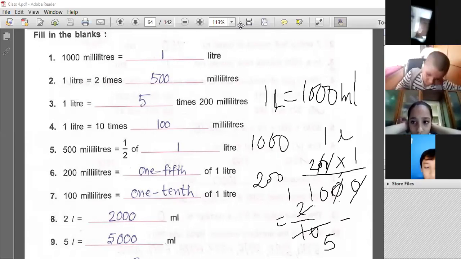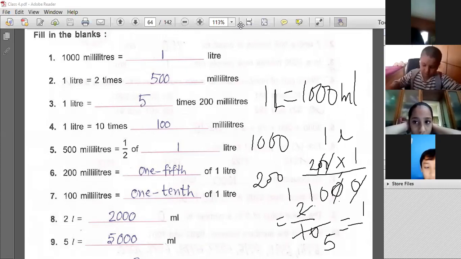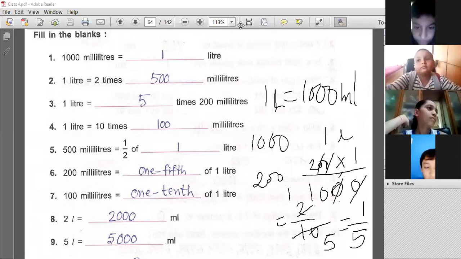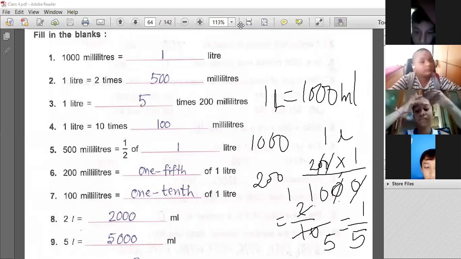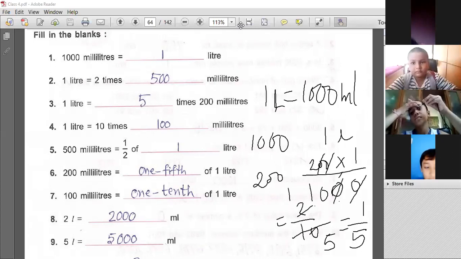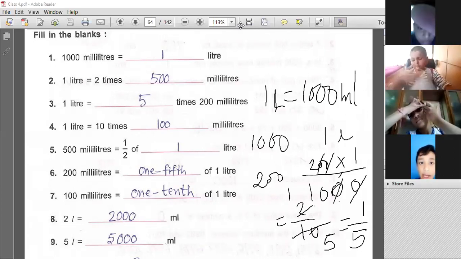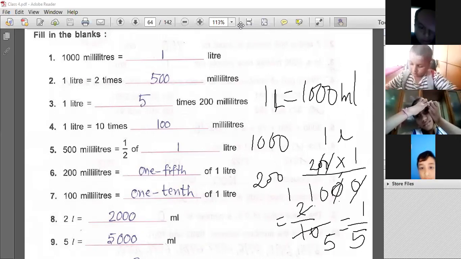So what is the answer here? 1 upon 5. Same way you can do for 100 milliliter, which is 1/10. You will get 1 upon 10 as answer.